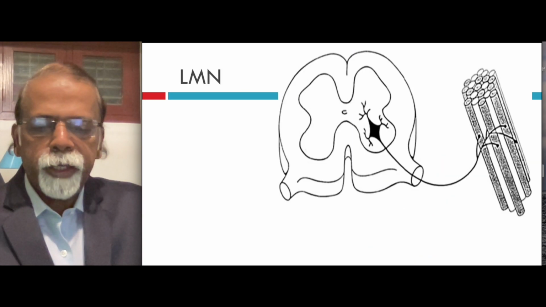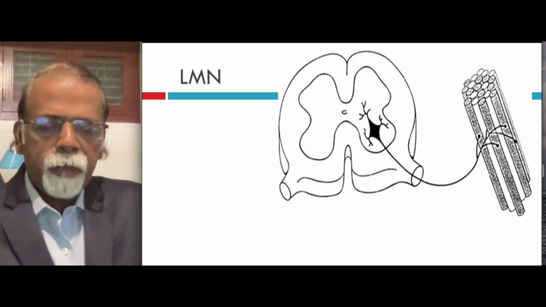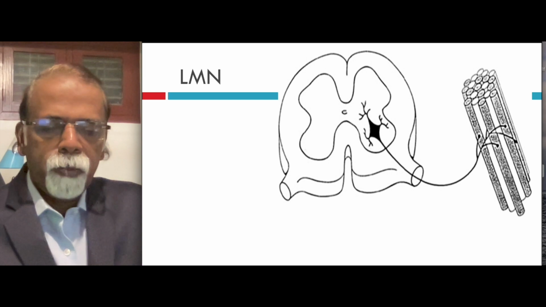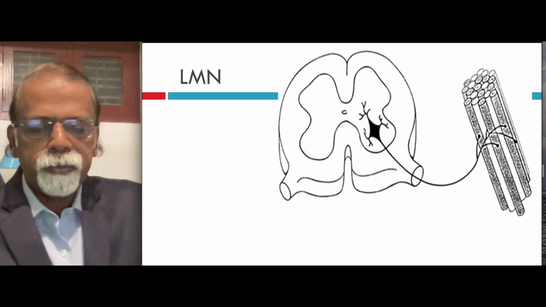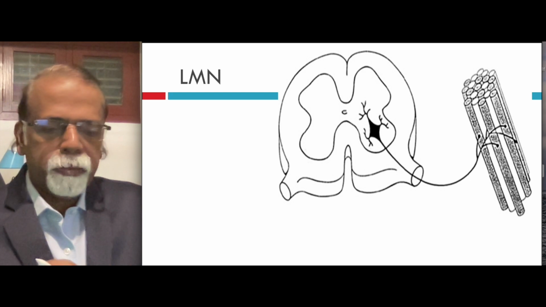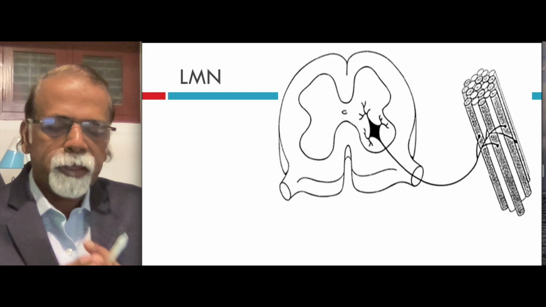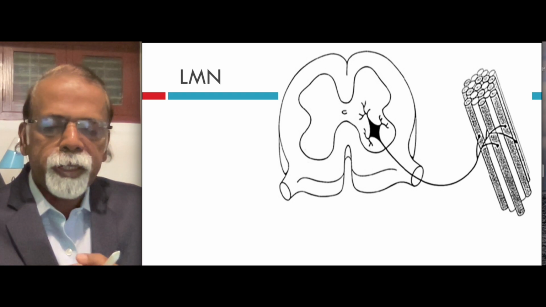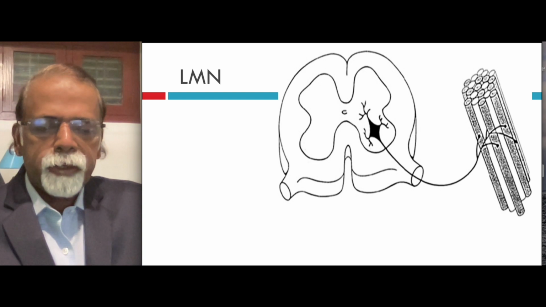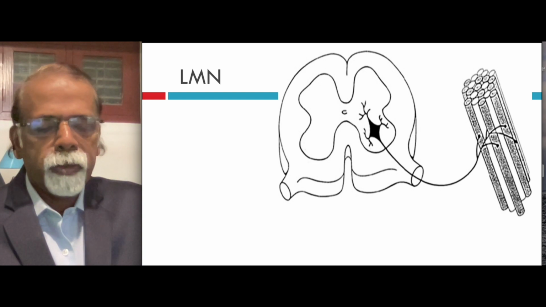So, now we take a little more detail of the lower motor neuron. The lower motor neuron situated in the anterior horn passes via the anterior root, then the peripheral nerves, and then finally it reaches the muscle. It supplies various muscle fibers. Any lesion of the lower motor neuron produces what is called lower motor neuron paralysis or lower motor neuron problems.